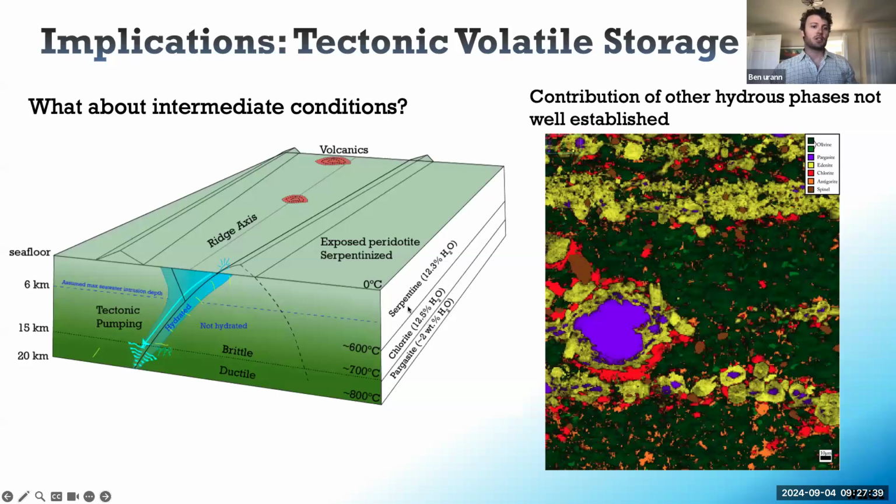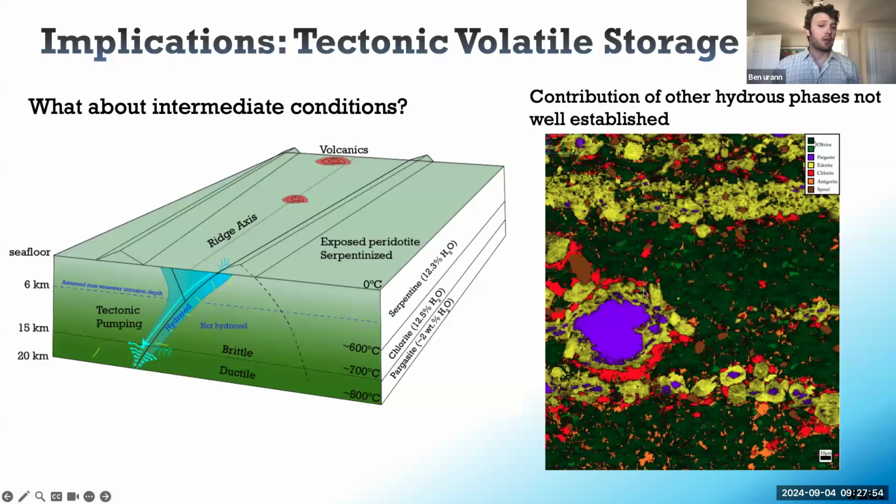And so the question is not only how deep, the extent that you get this deep high temperature seawater penetration, but also the extent to which you have hydration in what I would consider the intermediate conditions. And that's really not well constrained.